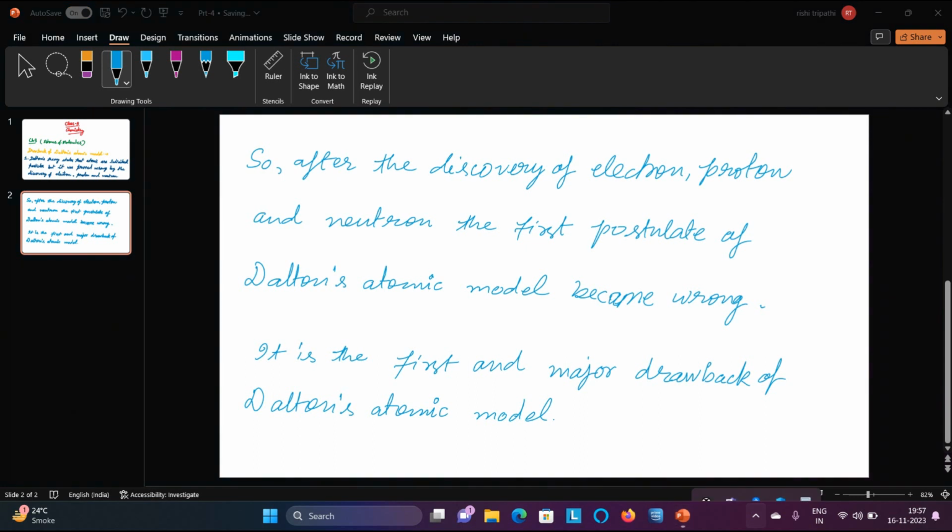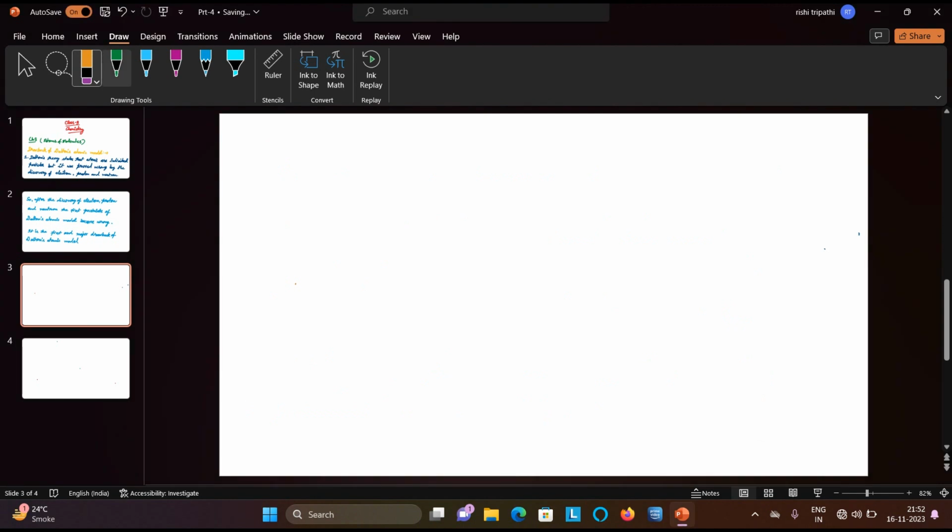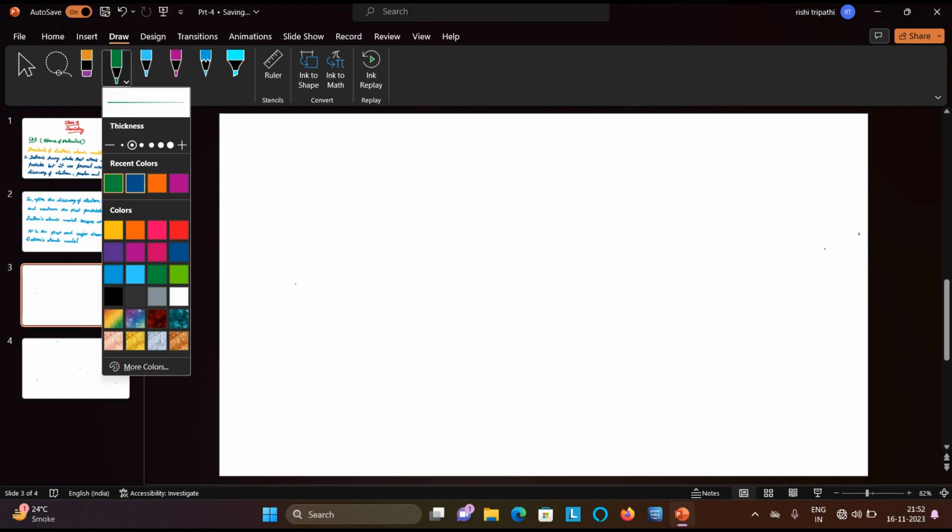Now we will come to the next drawback of Dalton's atomic model, which is the second drawback.